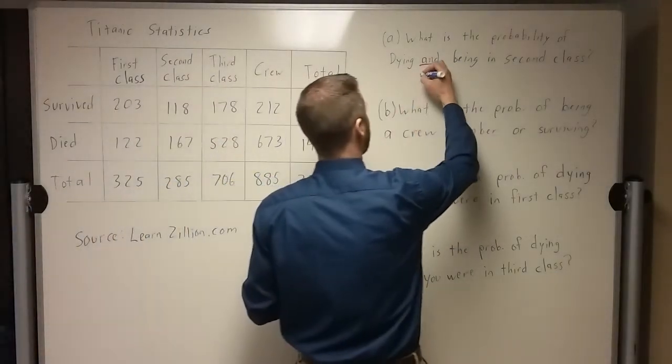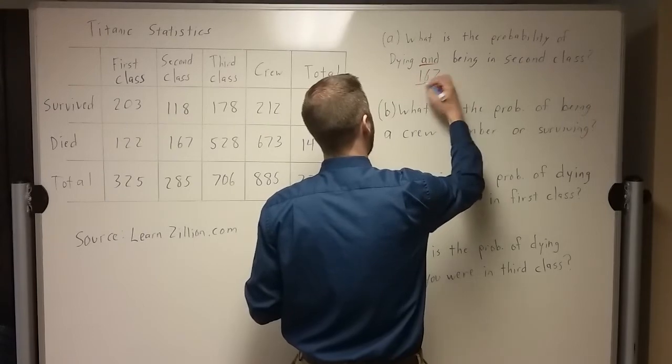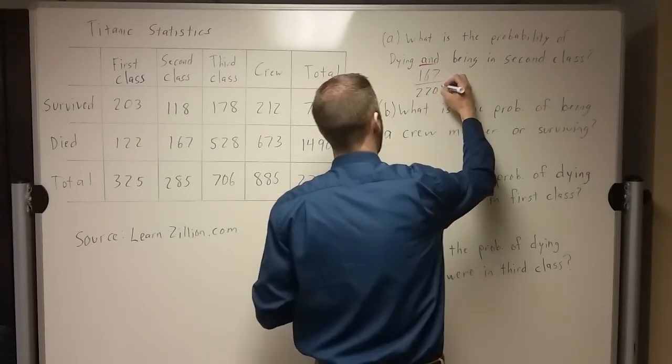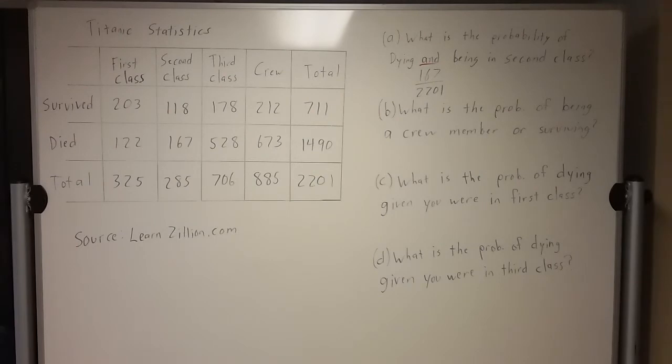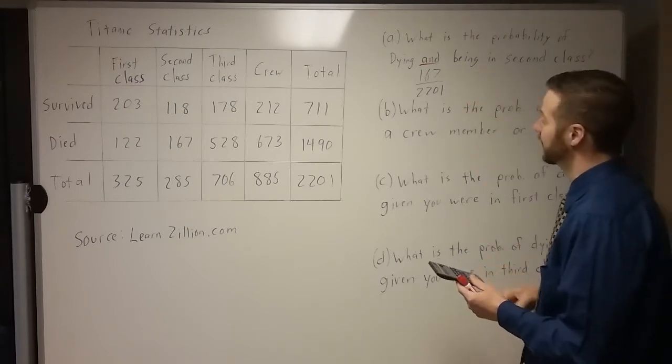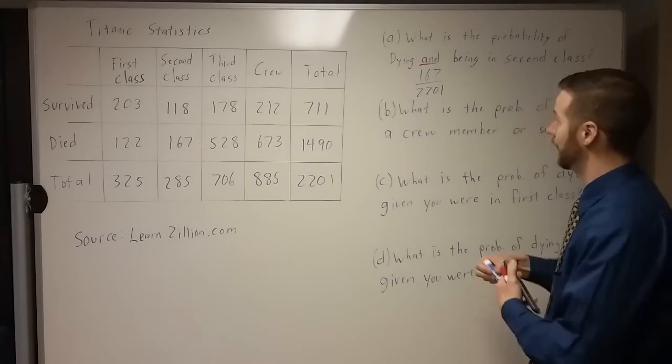So we've got 167 people out of the 2,201 people who were in second class and died. We're going to figure out what this is as a decimal, because when we get into problems like this, it's really hard to simplify the fractions.